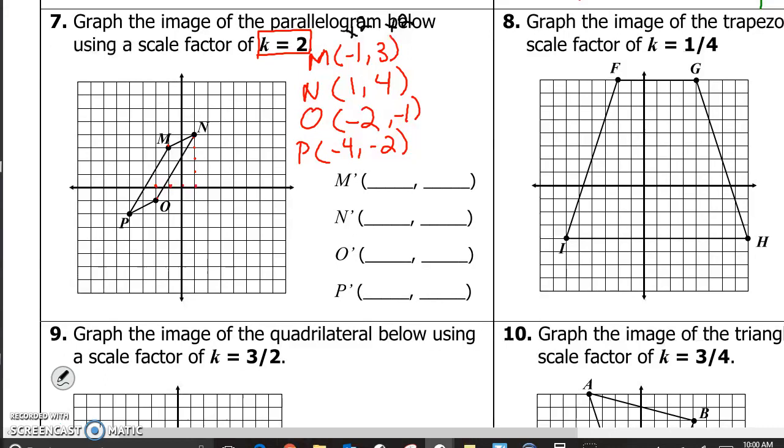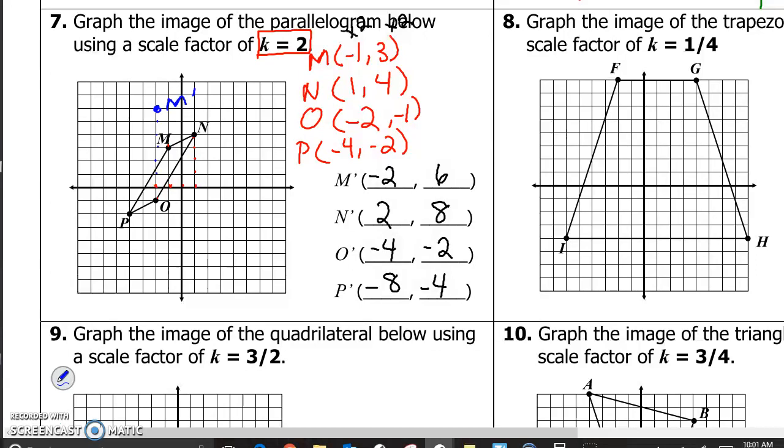So you should have gotten negative 2, 6 for M, and 2, 8 for N, and then O should be negative 4, negative 2, and P should be negative 8, negative 4. And if you plot that new figure, M is at negative 2, positive 6.